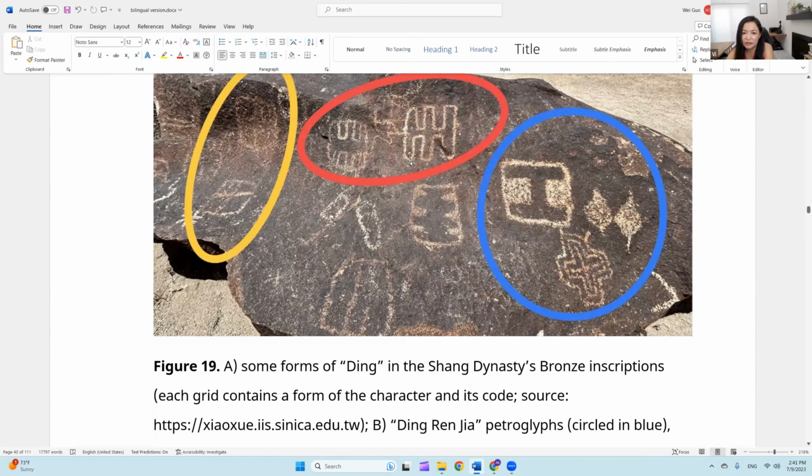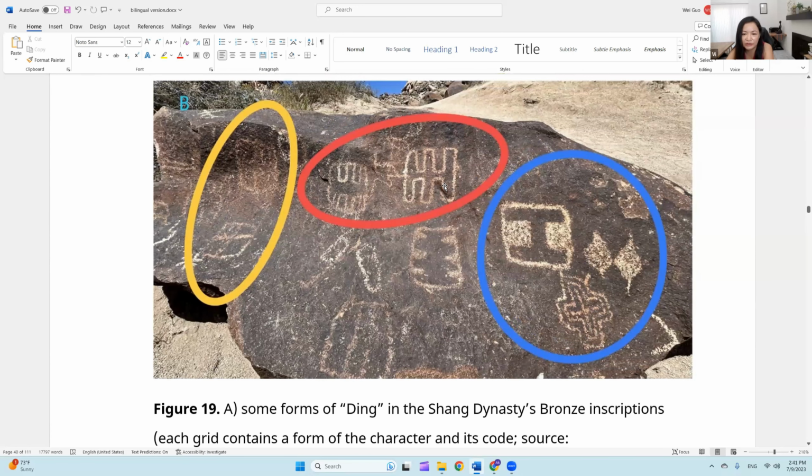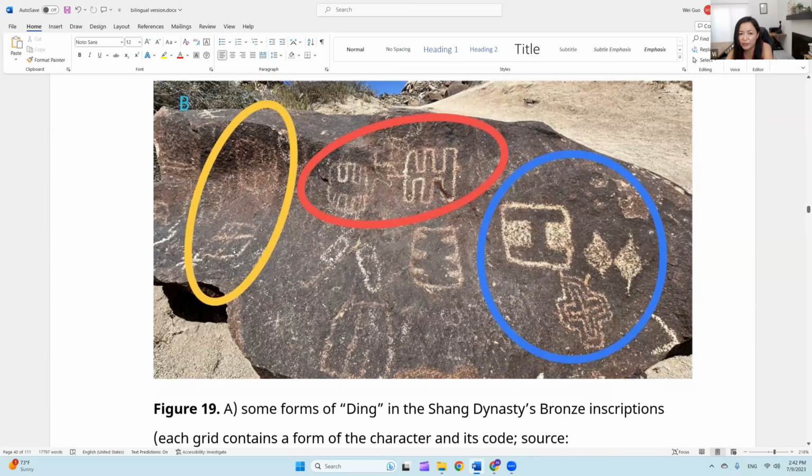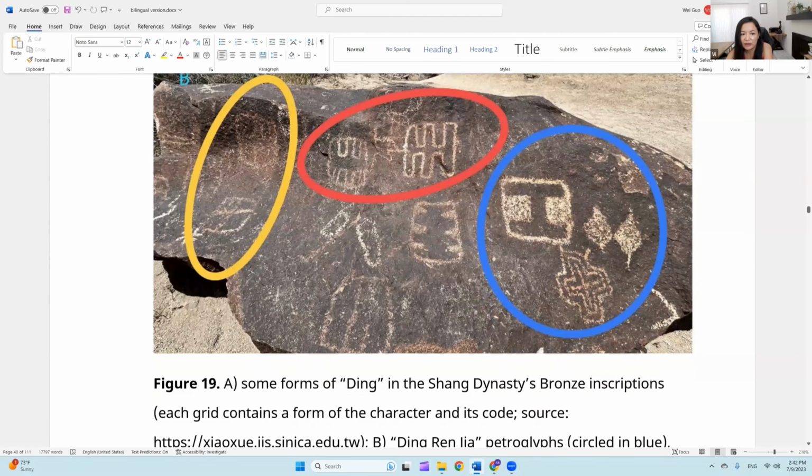Then these two are two Wang characters. Wang means king in horizontal position. These are two Jia, the cross enclosed with a square. So you see, they put all the king's titles on this panel. This panel looks very solemn. So when I went to this site, the first thing I noticed is this panel. It's very outstanding.